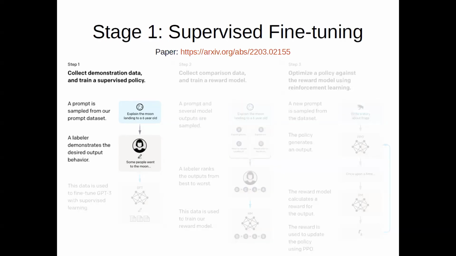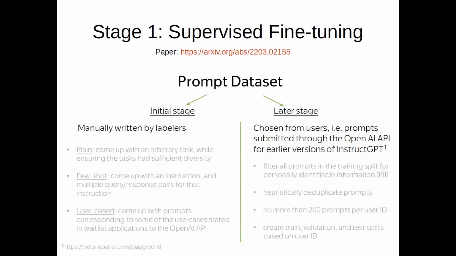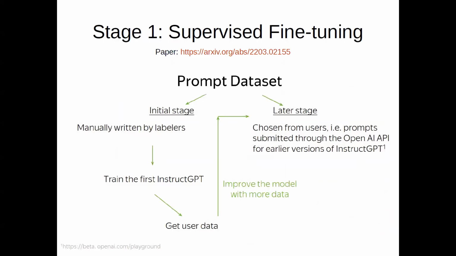Let's look at this stage. First of all, why can't we use the normal language model as a chat model?